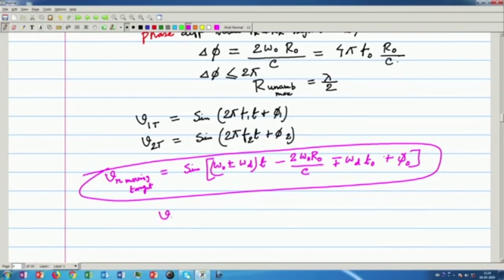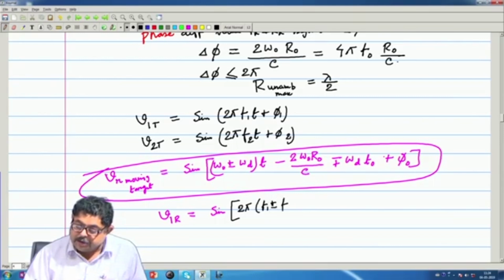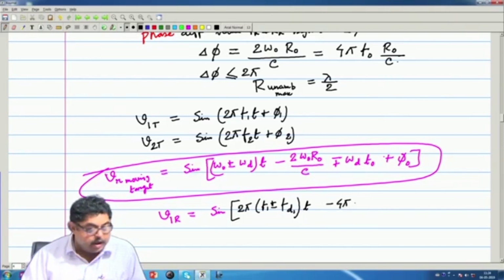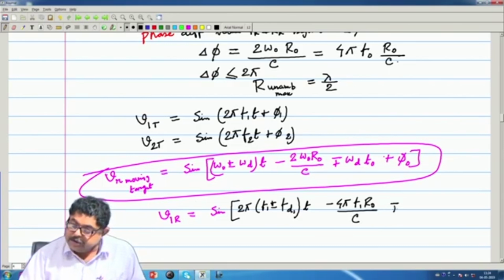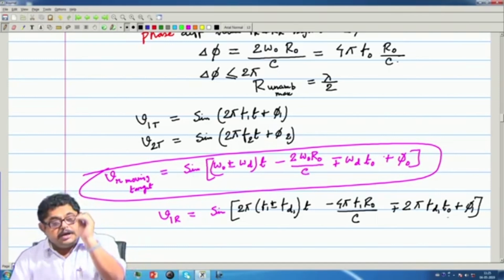We can easily write V1R: sin(2π(F1 ± Fd1)t − 4πF1R0/c ∓ 2πFd1t0 + φ1). t0 is nothing but the initial time.